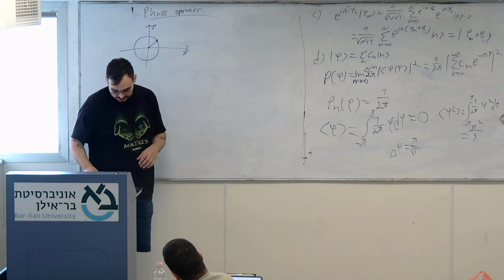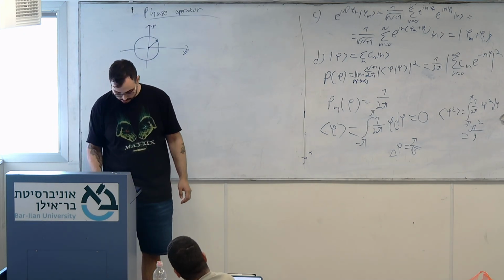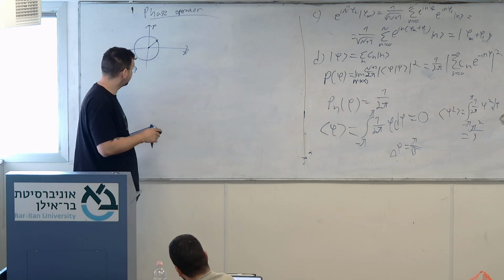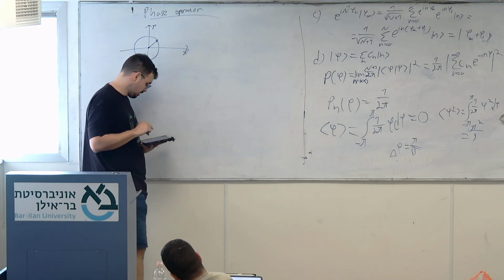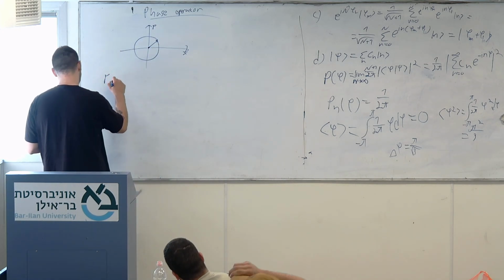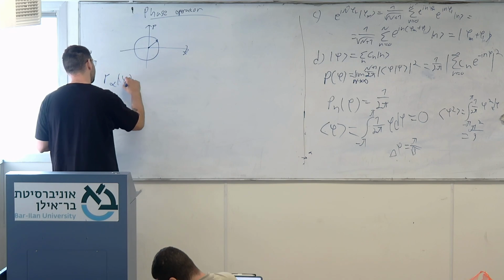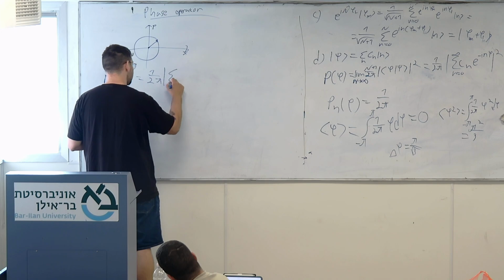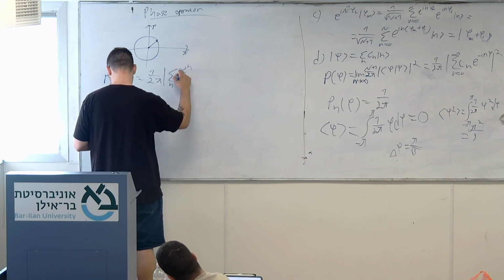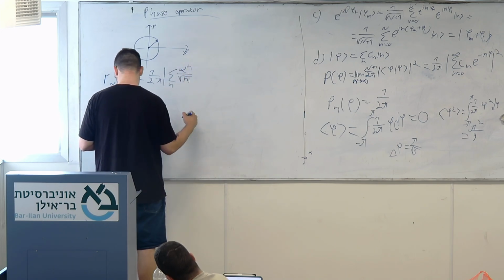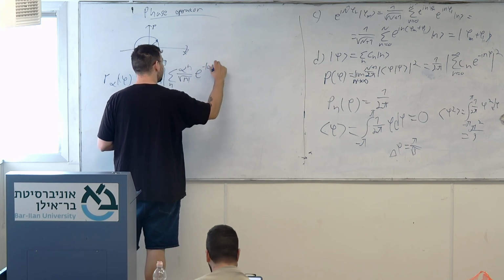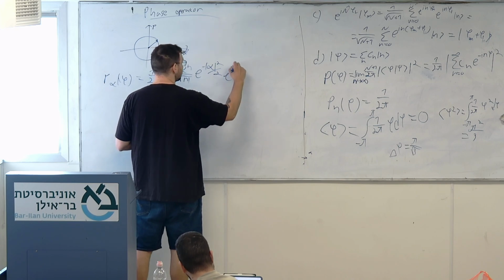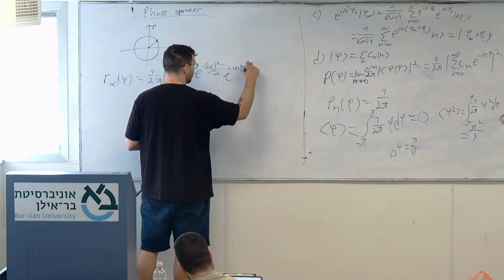Now what's going to happen with the coherent state? This is for the number state, Fock states, number states. For the coherent state, P of alpha, phi will be a bit more complicated: 1 over 2 pi, absolute value of the sum over n of alpha to the power n over square root of n factorial, e to the minus absolute value of alpha squared divided by 2, e to the minus i n phi.